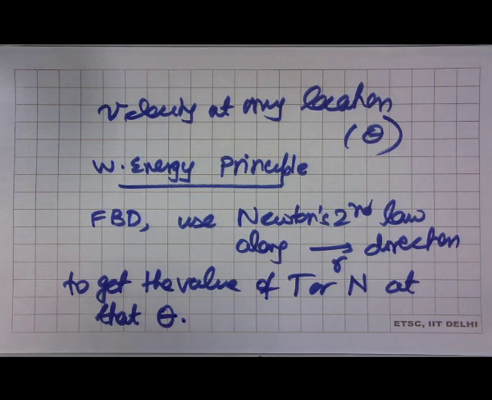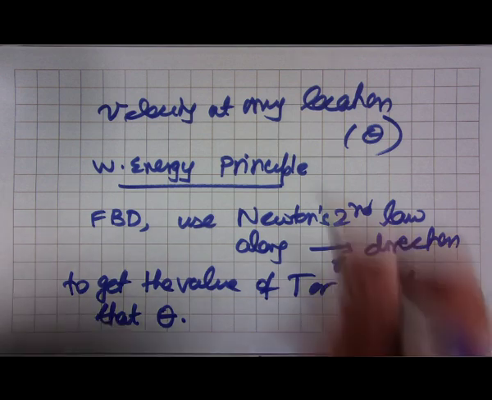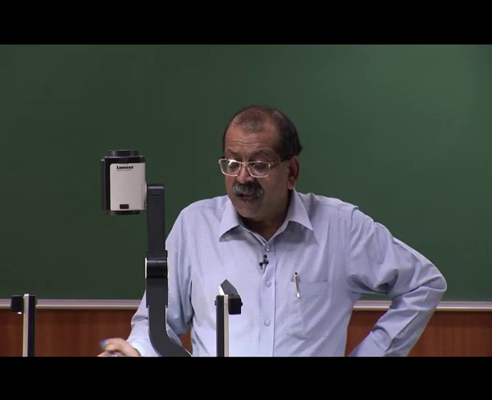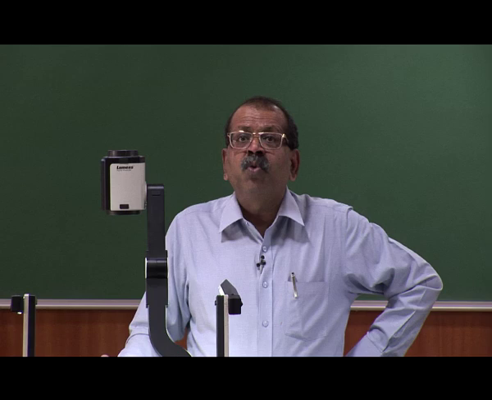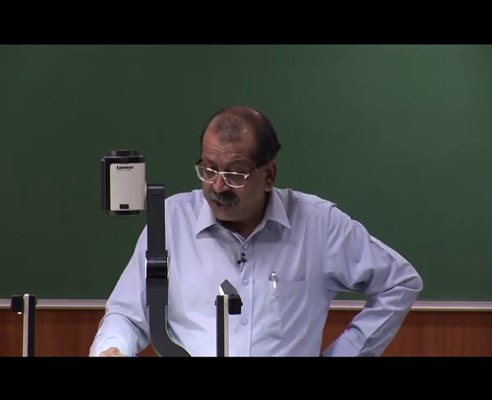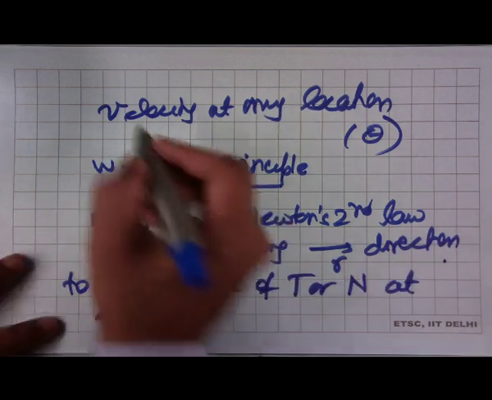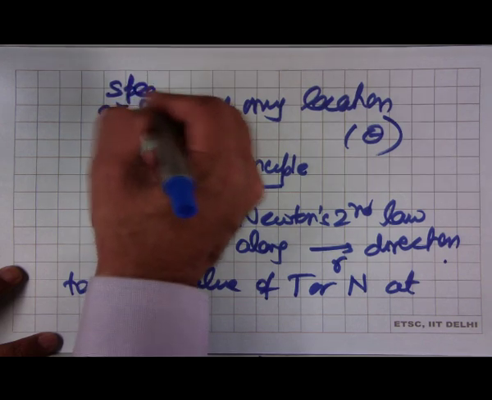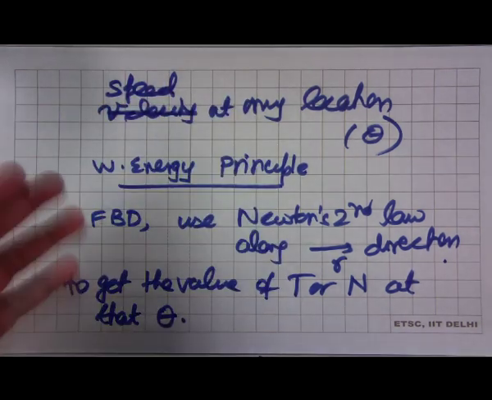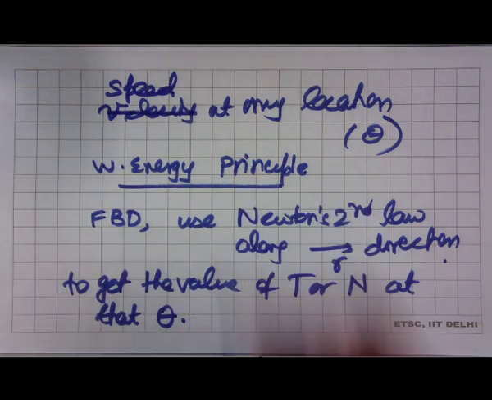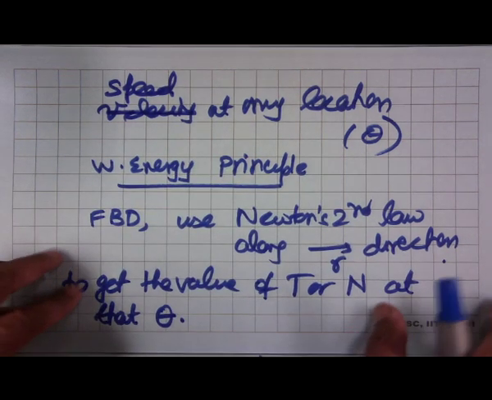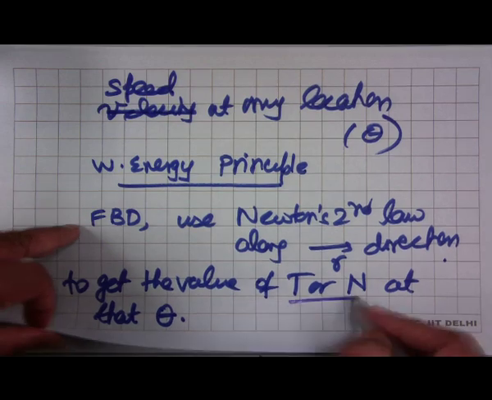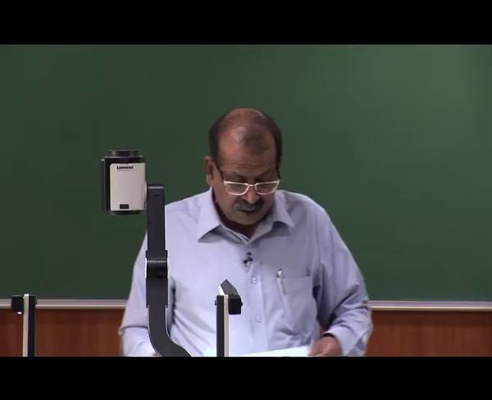Because this is circular motion, along the r direction toward the center, the acceleration will be mv square upon r, where v is the speed. At any location, I had used velocity, I should have used speed here. Once we find the speed, we can find mv square by r, and use that to find T or N.